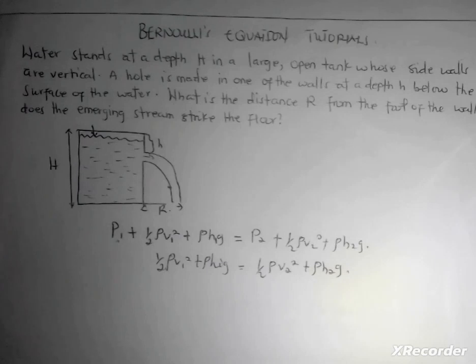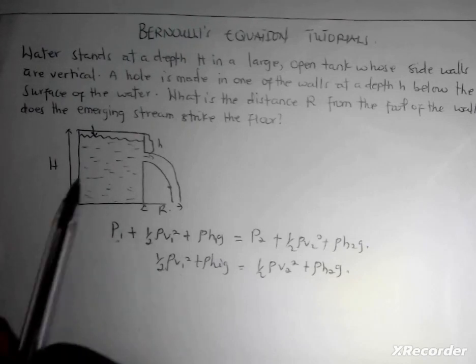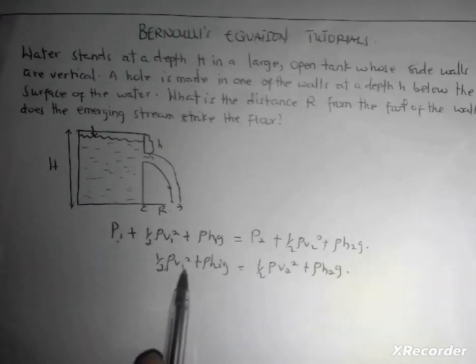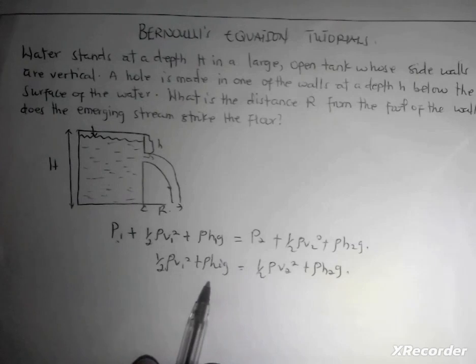At this point, let's consider the speed factor. You realize that in a very big tank, the speed or the velocity of the molecules of the water coming down is almost 0. There is no change in velocity because the water moves very slow. So we assume that there is only one velocity existing. We are not going to have two different velocities.